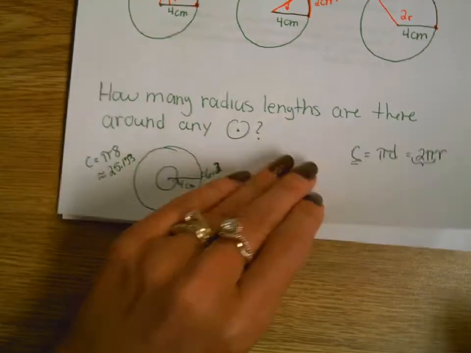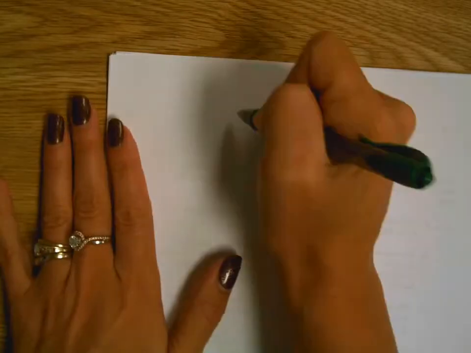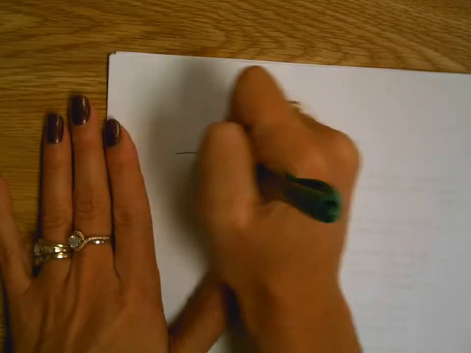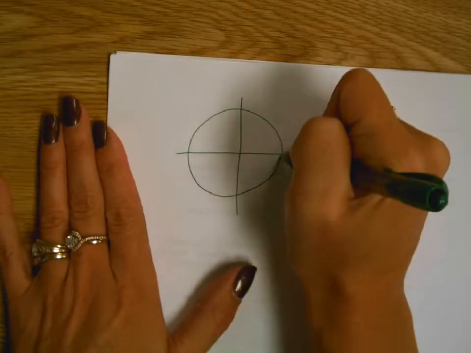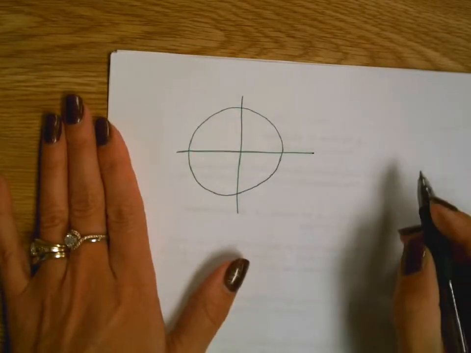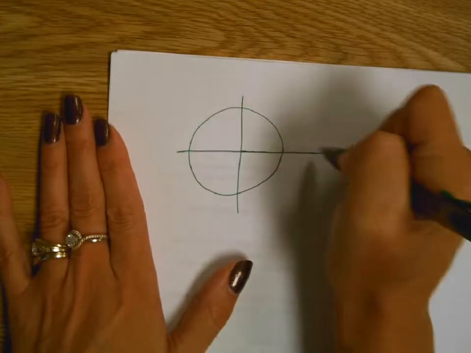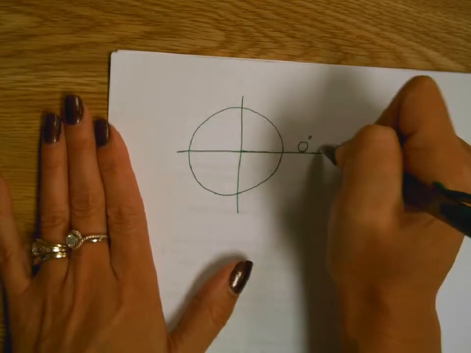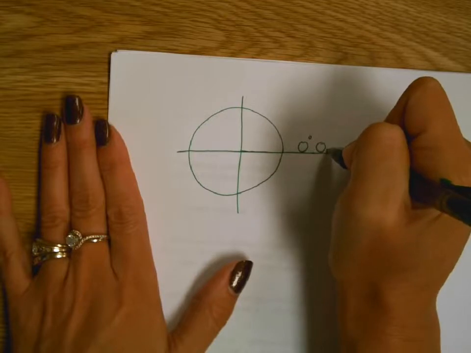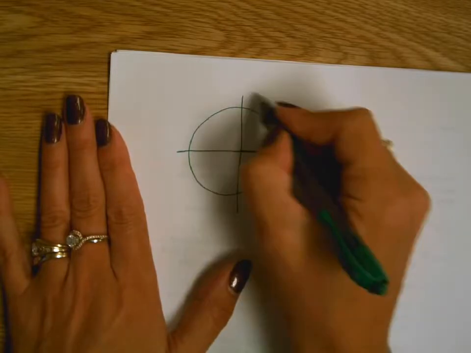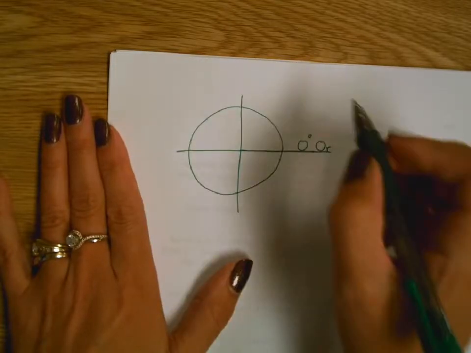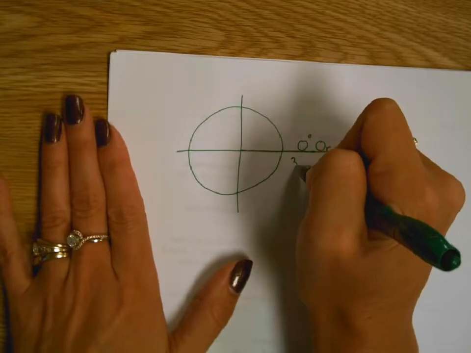Let me get a new sheet here. So that's how we're going to tie the radians to the degrees. So let's start with our 0 degrees. Obviously 0 degrees will have 0 radians. And then we just said if we go all the way around, we know all the way around to be 360 degrees.